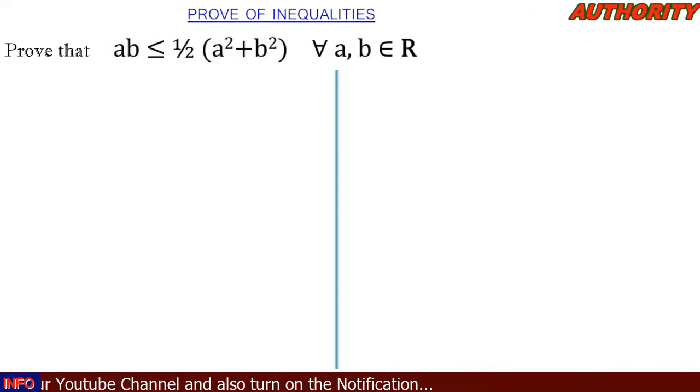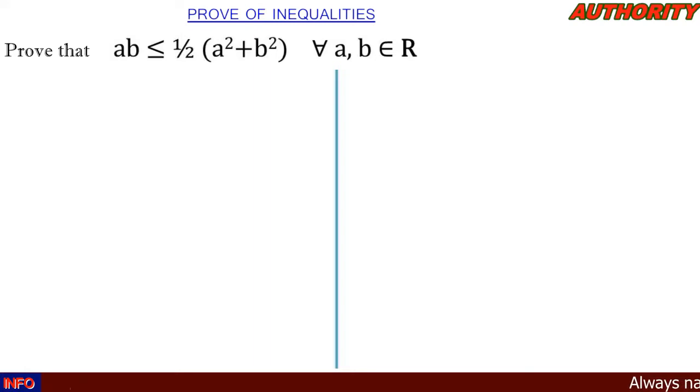Now here, I want us to remove this half, that is 1 over 2. It's the same as multiplying this bracket, but I don't want us to multiply. Let's just remove the half.